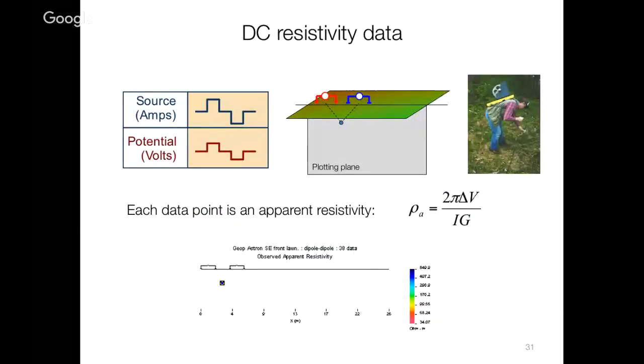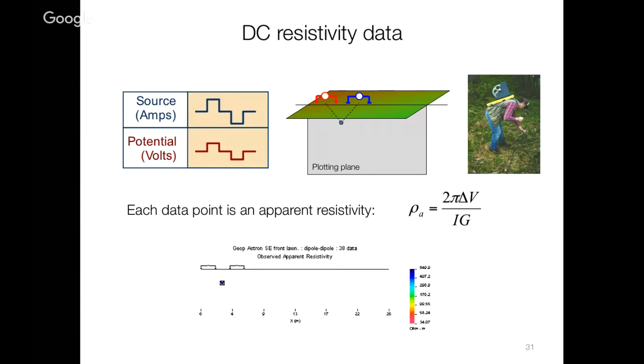So how do you plot the data? We need some way of plotting. What we generally do is called pseudosection plotting of the data. For instance, if I've got a dipole, I need to plot it on a piece of paper.